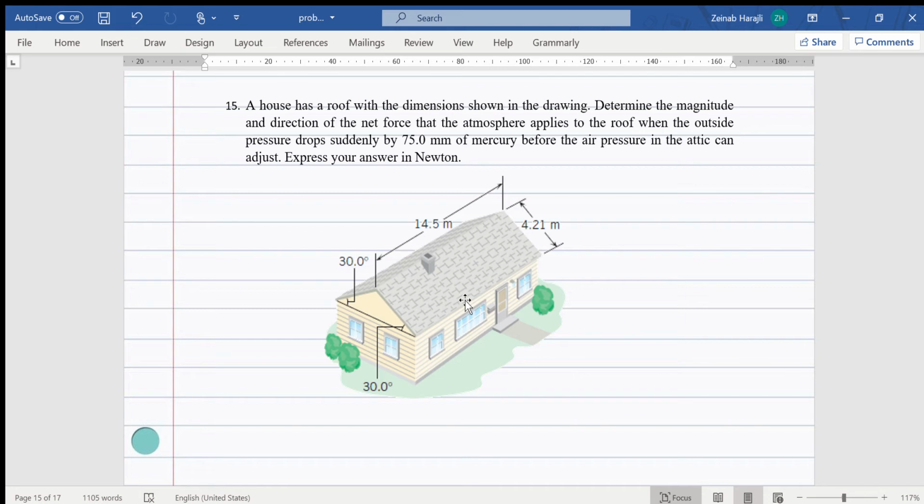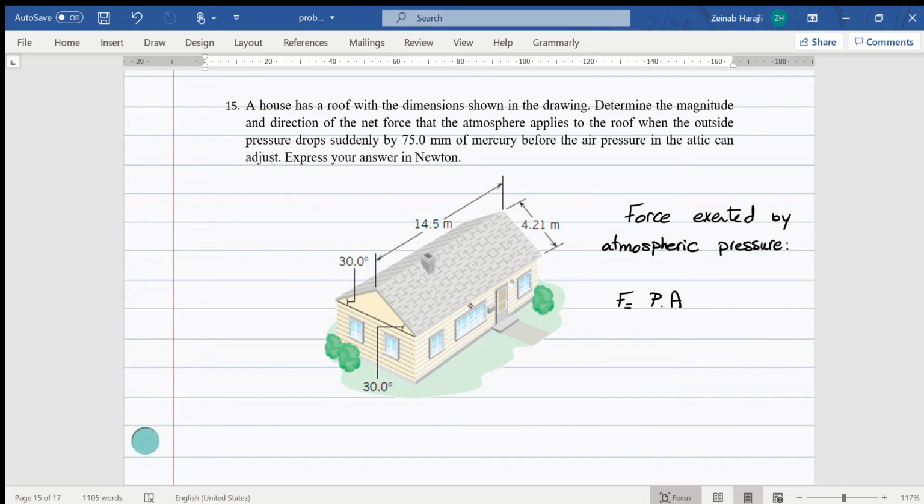Now, first of all, we are considering the force. Let's talk a little bit about the force exerted by atmospheric pressure. We know that the force exerted due to a pressure is equal to P times the area, the pressure times the area.